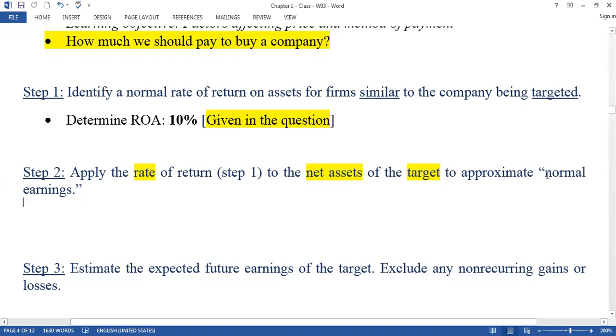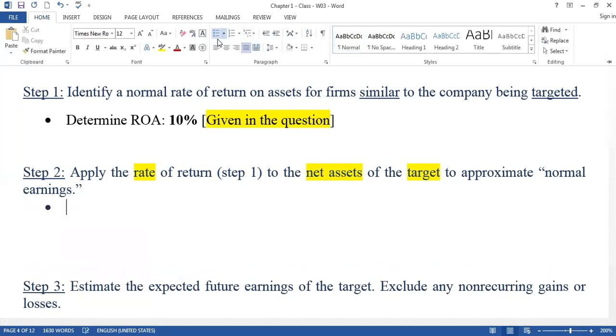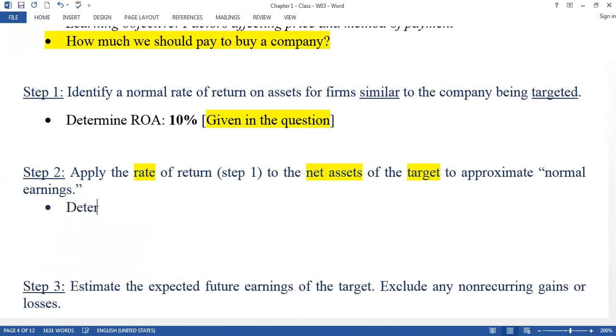Because we need to calculate normal earnings. So step 2 is actually to determine, or I can say calculate, normal earnings.